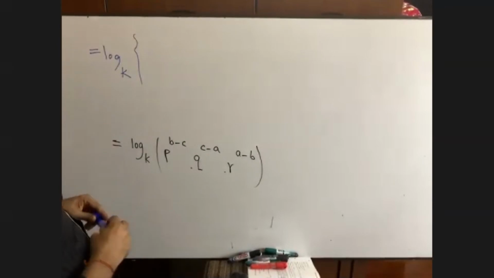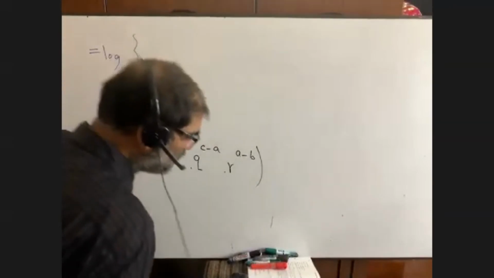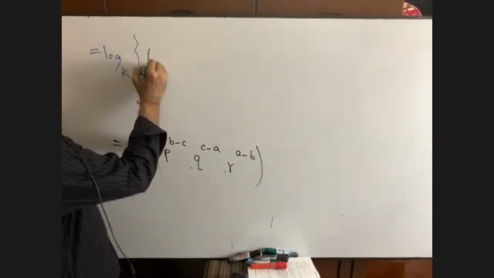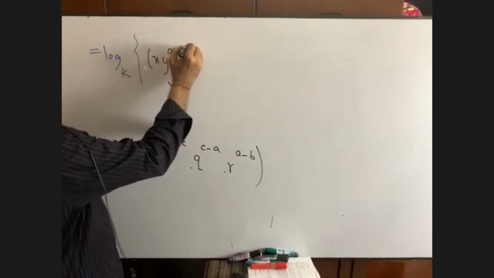What is the value of p? P equals xy to the power a minus 1. Put the value of p. xy to the power a minus 1. This is the value of p.